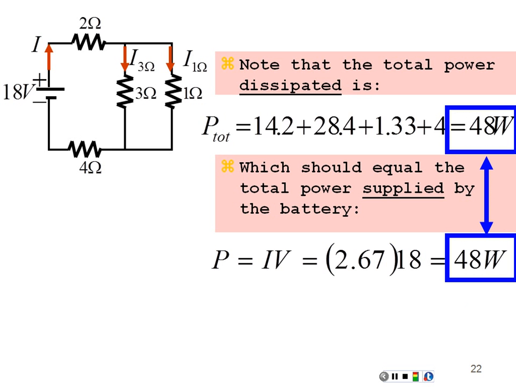If you were asked the question, what is the power dissipated in this entire circuit, one way you could go about answering it is to find the power supplied by the battery, because you can't get something for nothing. The energy per time has to come from somewhere, and it's coming from the battery. So whatever you're dissipating in the circuit is the power supplied by the battery itself, and that P equals the current times the voltage, IV. How about that?